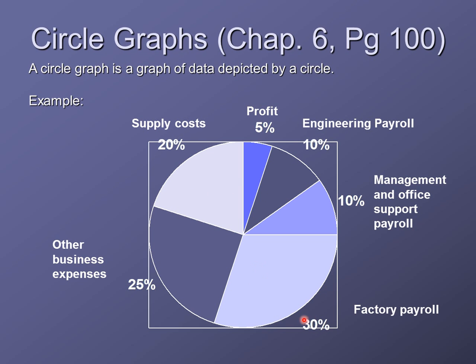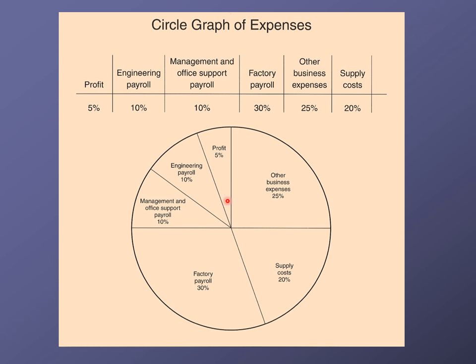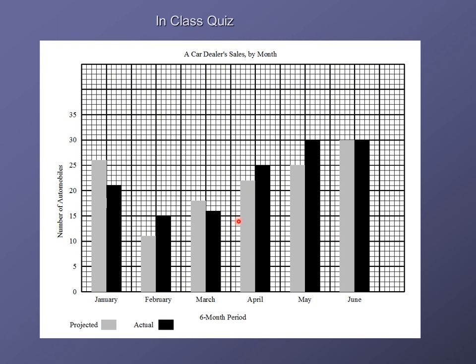For example, the 30%, which is the largest, the greatest chunk of the circle, is in the payroll. And the lowest is the profit, only 5%. So from this one, you can guess how the business is running, where most of the money is going. That's the same thing, but we just show you the data here and then draw the pie chart, or circle graph.